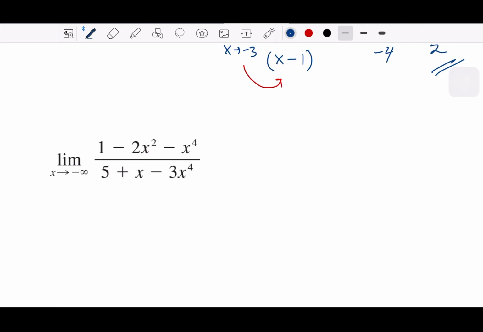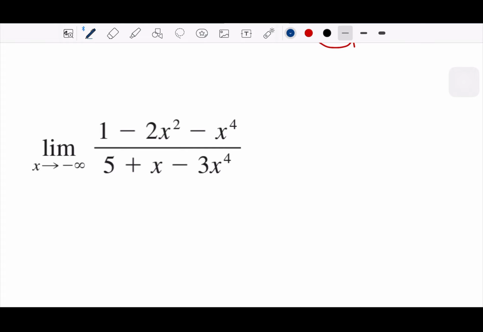Okay, next question. We have a limit at infinity problem, which means we are going to approach x to infinity or negative infinity. In our case here it's negative infinity, and we are looking at our structure.